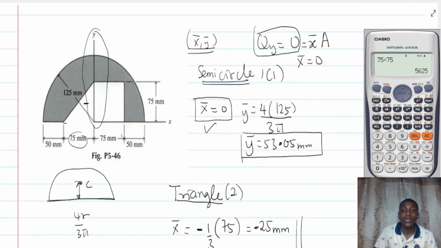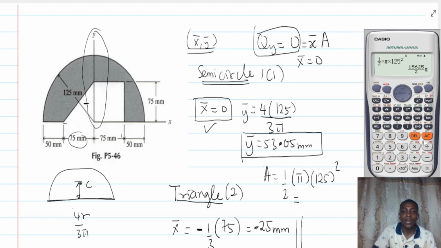The area of the semicircle is going to be one half the area of a circle, which is one half pi r squared, where r is 125. So that is one half multiplied by pi multiplied by 125 squared.